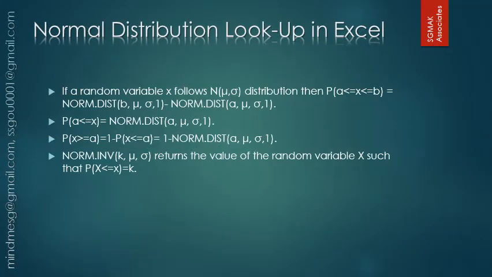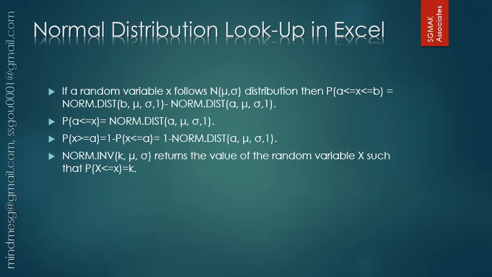Again, the purpose is how to look up the appropriate table to solve a specific problem. So here's the general comment. If a random variable x follows normal distribution with a mean of mu and standard deviation sigma, and you want to find the probability of an event that x lies between a and b, you find the cumulative probability up to b and subtract the cumulative probability up to a by using the corresponding norm distribution function with appropriate parameters.